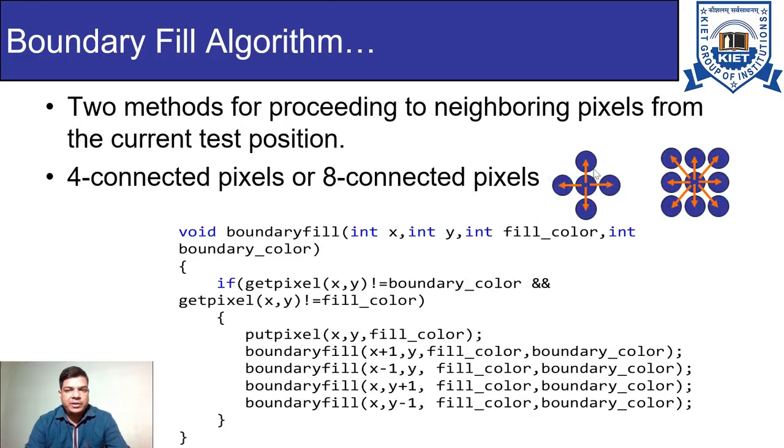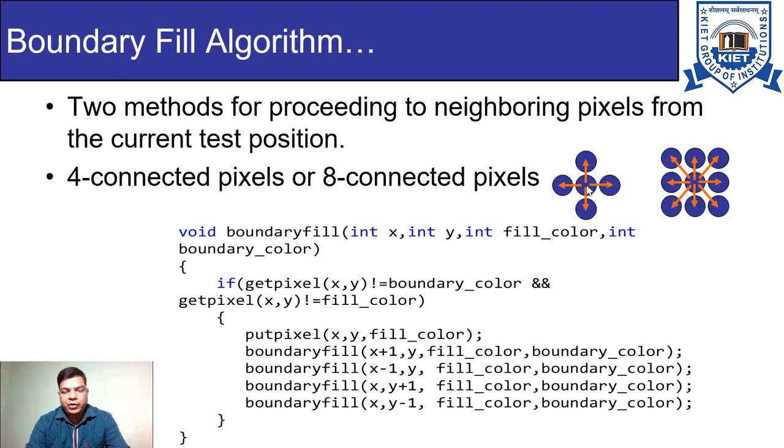So in this we are using two techniques. First is 4 connected and second is 8 connected. For example, this is the point which we have chosen. In the 4 connected method, we are choosing the nearby 4 points or the nearby 4 pixels.